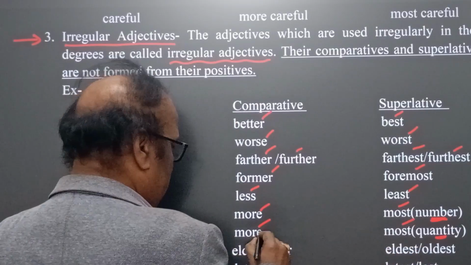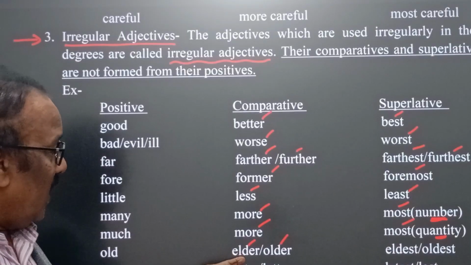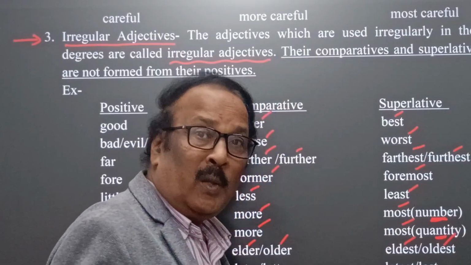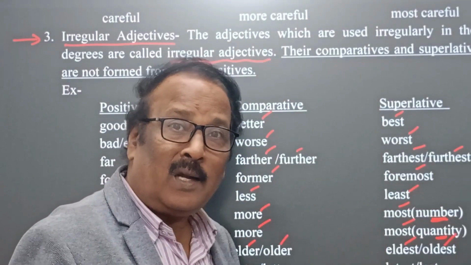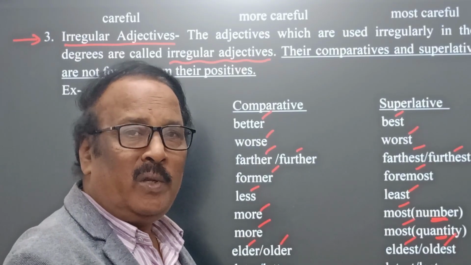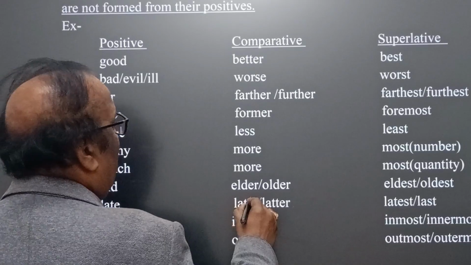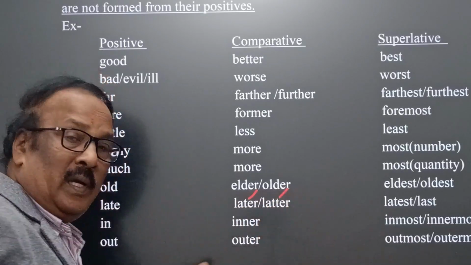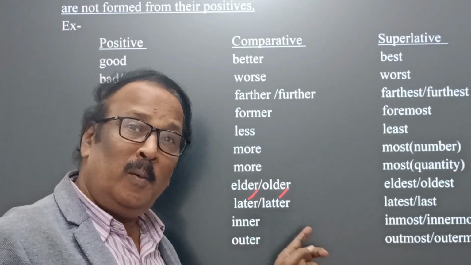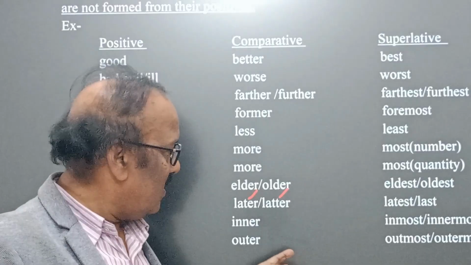Old, here we also find two types of comparative degree: elder, older, eldest, oldest. We will discuss in the later classes very clearly differences in between. The next idea, that is late, later, latter, L-A-T-E-R, L-A-T-T-E-R. It will be also discussed in the subsequent classes.